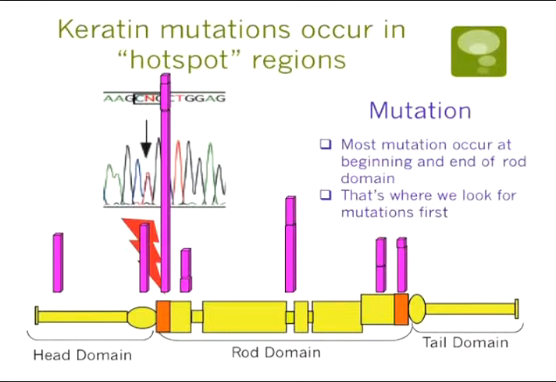Now those mutations, as she explained, really cluster in those regions, and those bars represent the frequency with which we see mutations in many different keratins. And clearly there are hotspots and clustering of those mutations, and that's why we usually first start to look for mutations in those areas.